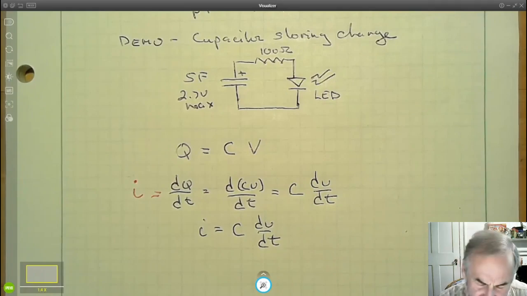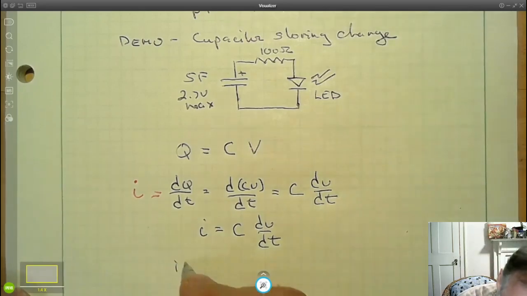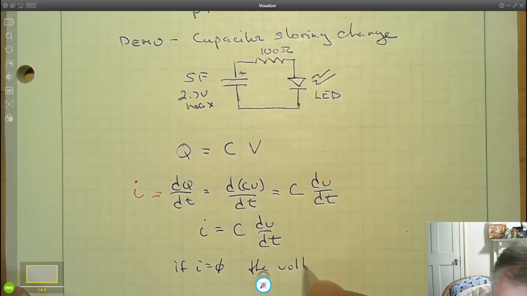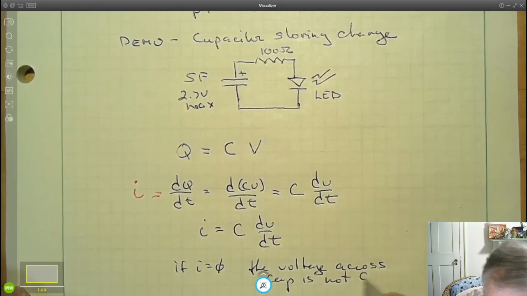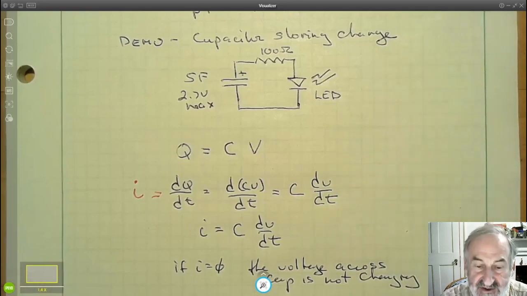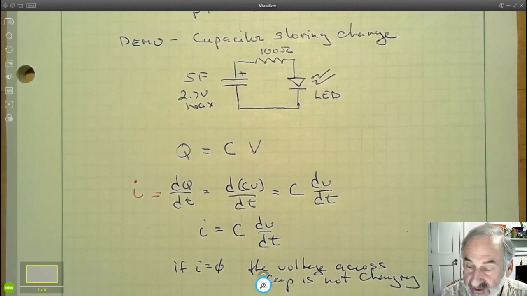So what does that tell us? Well, there are a couple of important things. If I equals 0, the voltage across the capacitor is not changing. So if I charge up a capacitor to some voltage and remove the voltage source, and the capacitor is no longer connected to anything, then the voltage across the capacitor will stay the same.